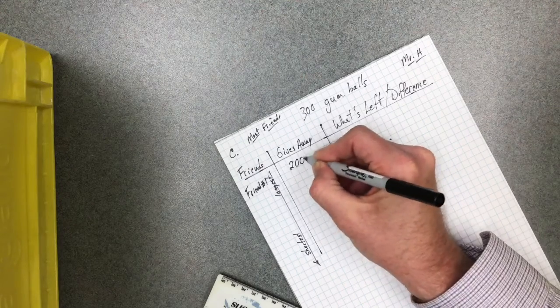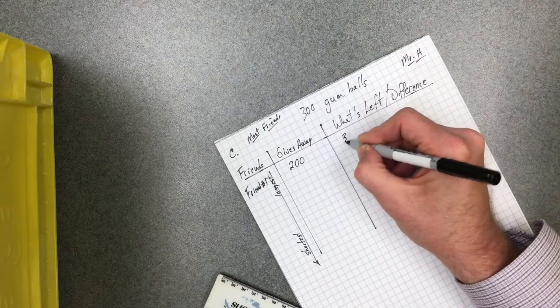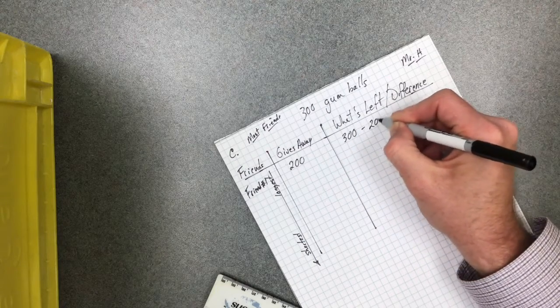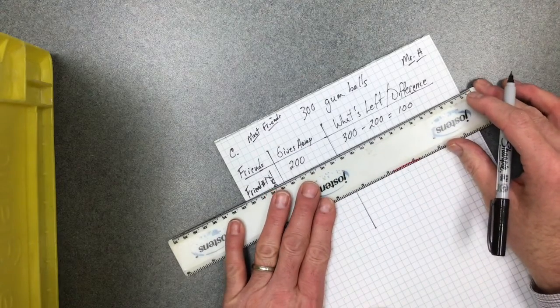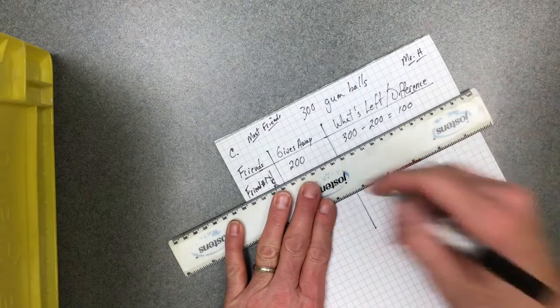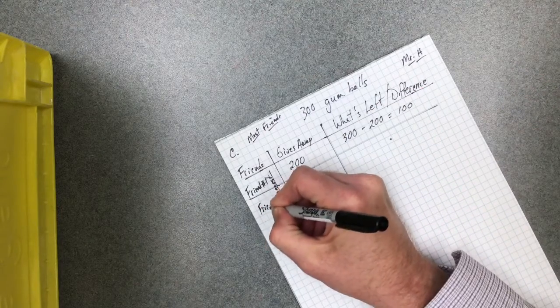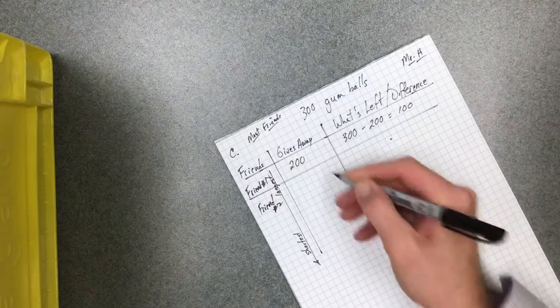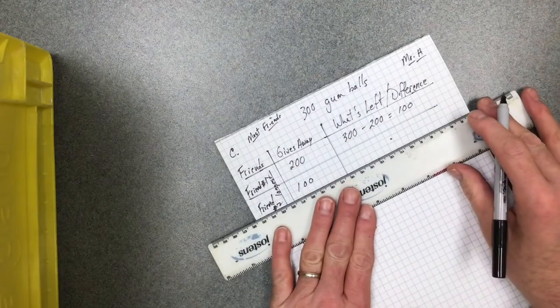So he gives 200 away. That means he started with 300, he's given 200 away, he's got 100 left. All right, so friend number 2 is going to get half of this. So that's going to be 100.